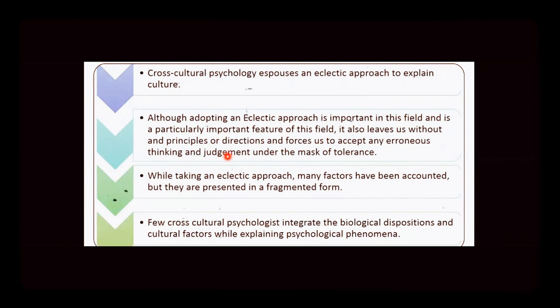While taking an eclectic approach, many factors have been accounted for, but they are presented in a fragmented form. Few cross-cultural psychologists integrate the biological dispositions and cultural factors while explaining psychological phenomena. Indeed, most theorists gave privilege to the biological disposition over cultural factors.